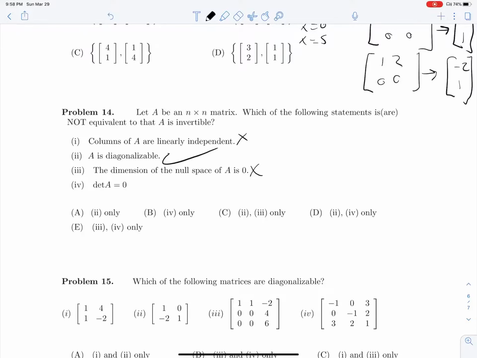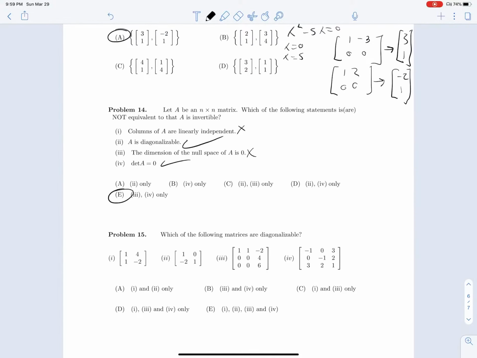And we know that invertible matrices are ones that stay within the dimension of space that they started in. So we can't take R2 and squish it onto a line or a point and still have an invertible matrix. And the determinant of A being equal to 0, that is equivalent to a matrix being non-invertible. So 2 and 4 are our answers.